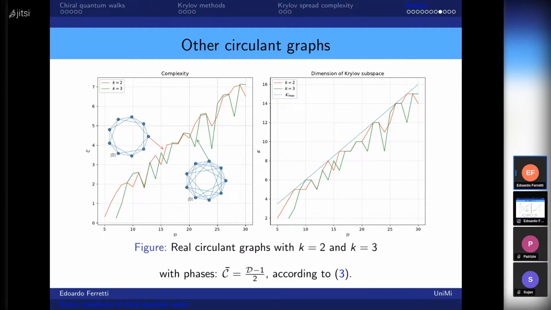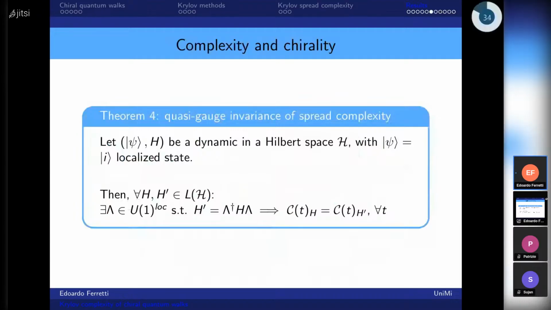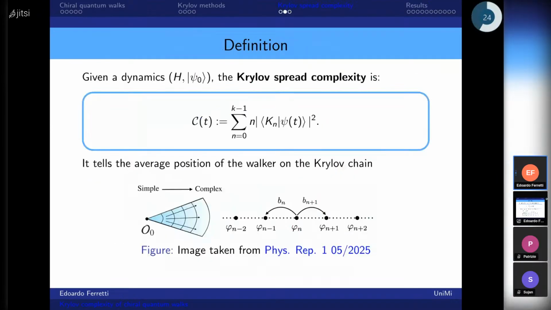I reasoned about the relation between complexity and ergodicity, but I think they are quite a bit orthogonal to each other. I think that we can see some relation, because what I told when I defined the complexity is actually just the first moment of this distribution.